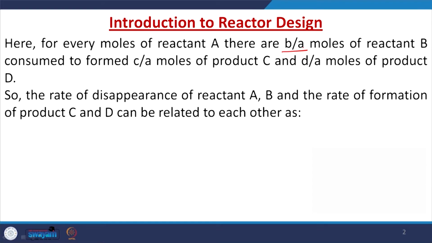So, in addition to the previous discussion, let us say that for every mole of reactant A, there are b/a moles of reactant B consumed to form this many moles of product C and this many moles of product D. So, the rate of disappearance of reactant A, because A and B both are consumed in due course of time within the reactor, and that is why we put a negative sign before this.